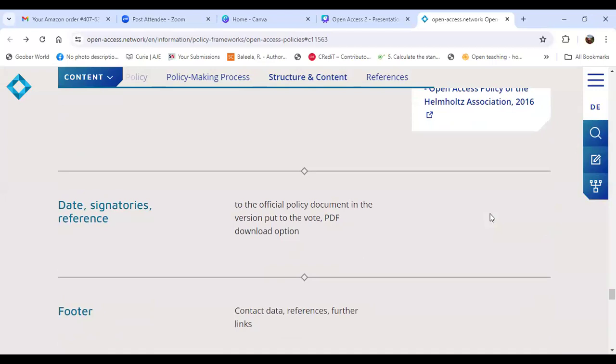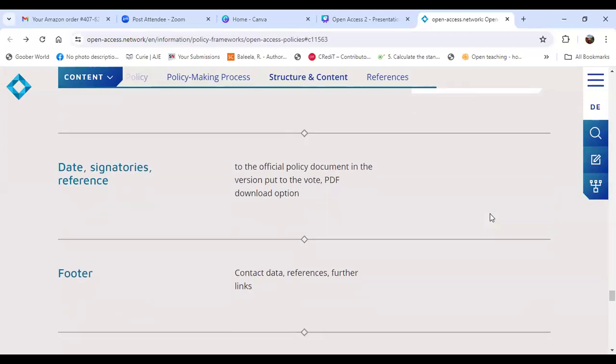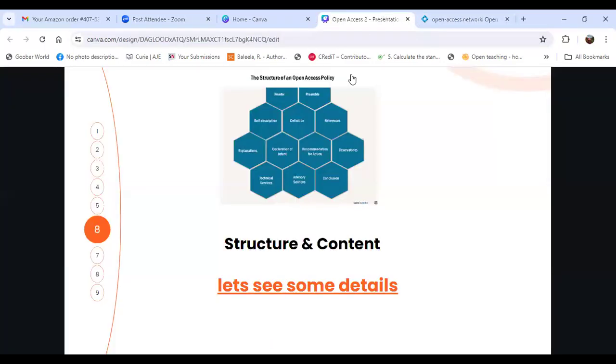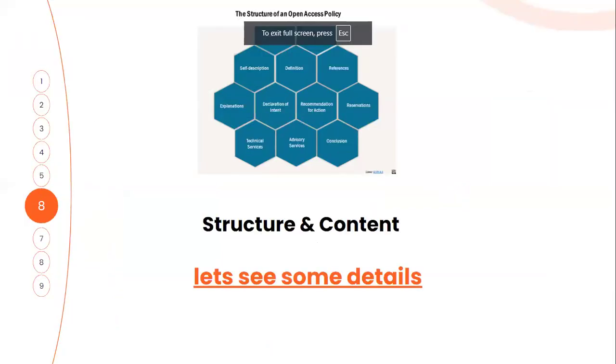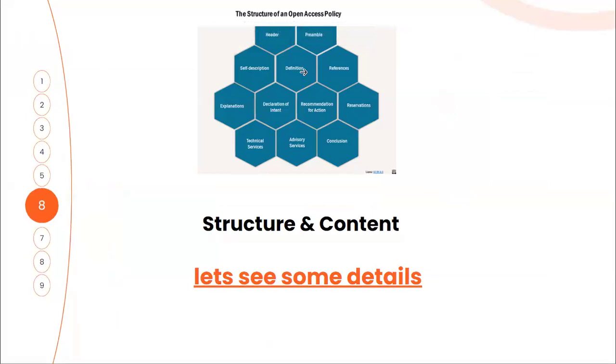And you can write afterwards the date, signatories, references, and you can have a footer as well in this document. So this is basically what you need to have in the structure and the content of an open access policy.